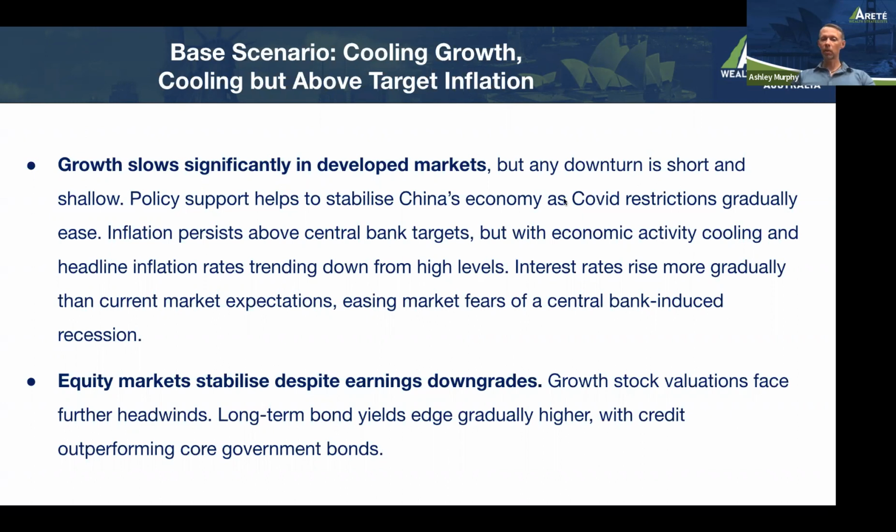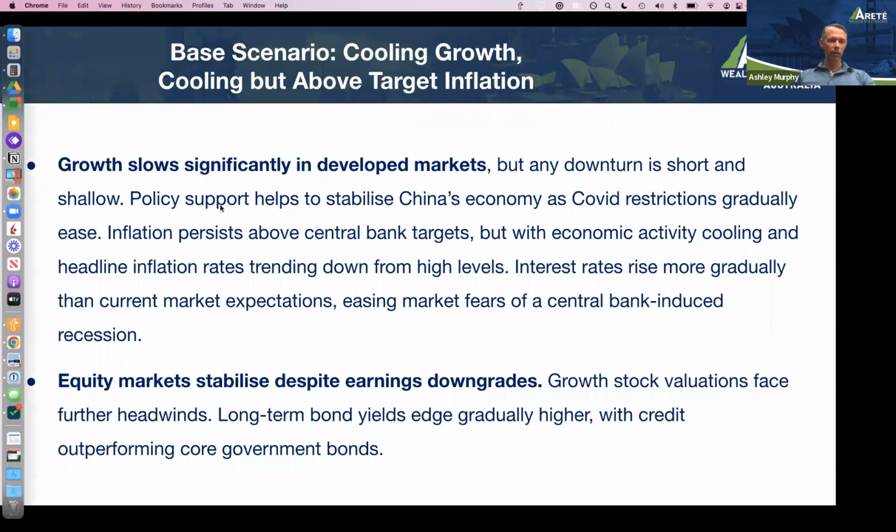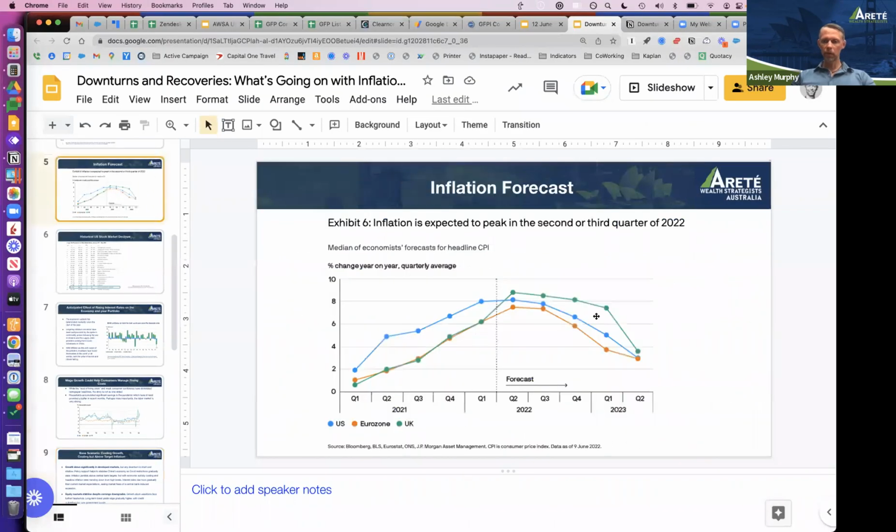Policy support helps to stabilize China's economy. Got a lot of faith in their Reserve Bank as well. COVID restrictions gradually ease. Inflation persists for a little while, but you'll see the expectation, actually just going back a slide, sorry. I wanted to point to that inflation expectation.